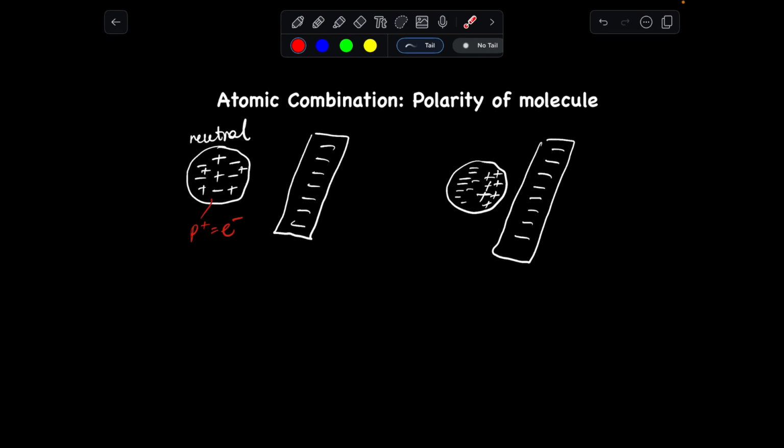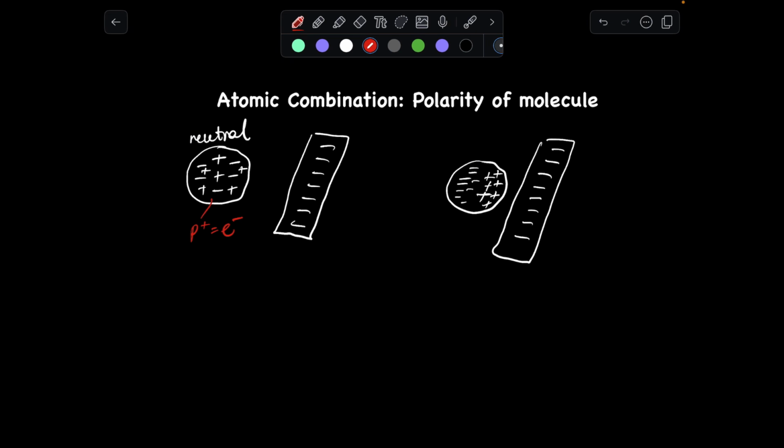Now we're bringing this negatively charged ruler towards it. What's going to happen? The electrons will be repelled away from the ruler, and the protons will sit on this side of the sphere.